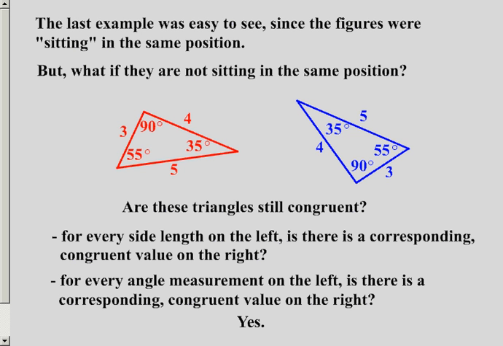Okay, so it's not as simple as trying to just compare the left side of one figure to the left side of another, or the top side of a figure to the top side of another. That's not the way this works at all. So we're not looking for same positioning like we were when we were talking about transversals. We are looking for locations that have identical properties.